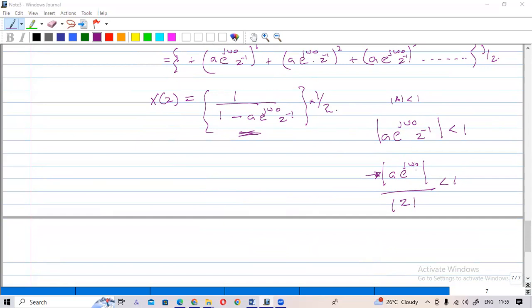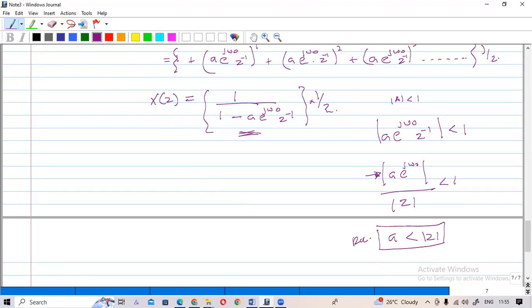This will be the phase, and this will be the magnitude. So the magnitude of this term is a. So the magnitude of z should be greater than a. So this is the ROC.